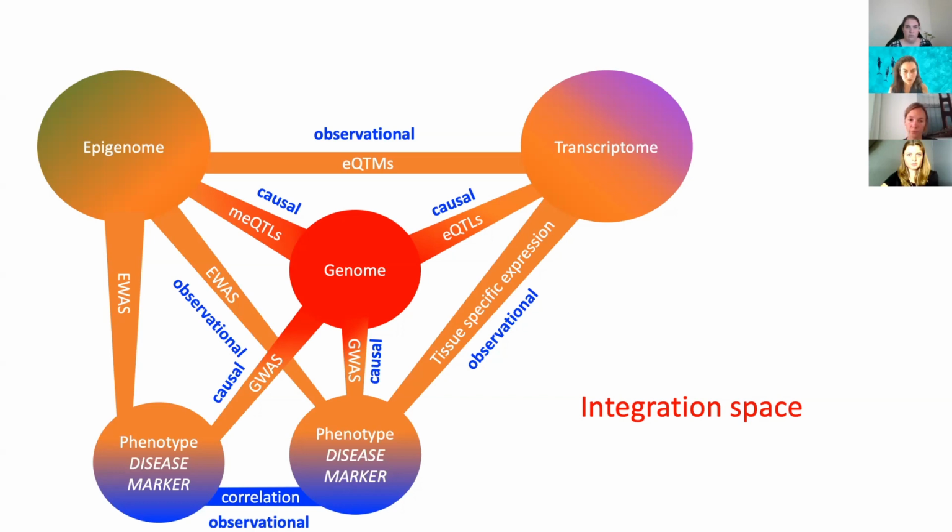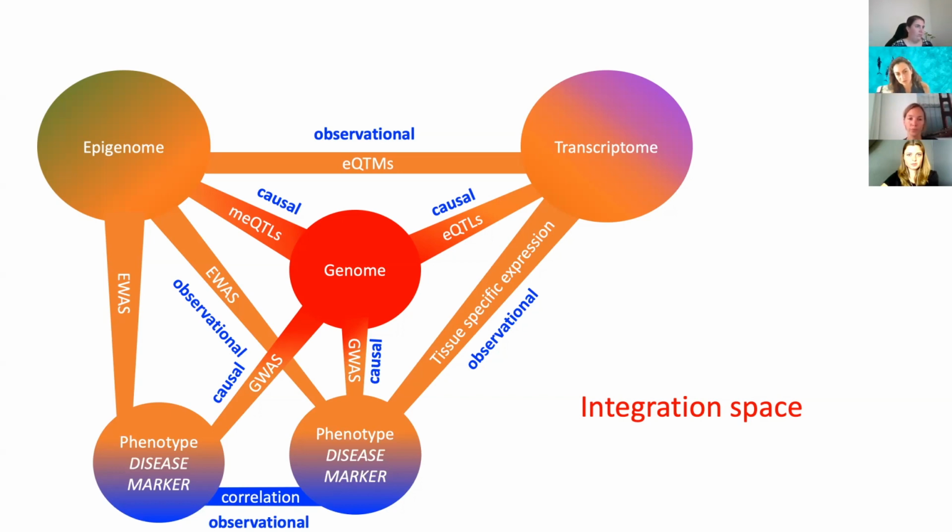So how can we integrate this data? If you want to integrate data at the observational scale that are linked with observational bridges in between, you will always have to deal with confounding of environment, of BMI, of smoking, whatever you can think of.